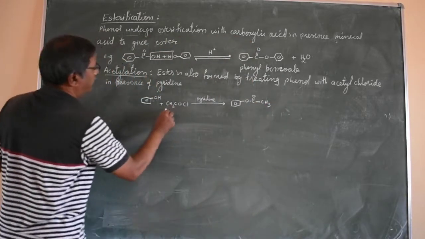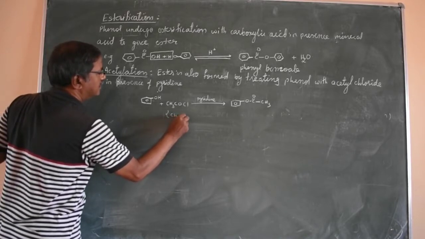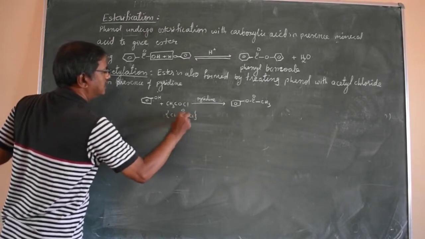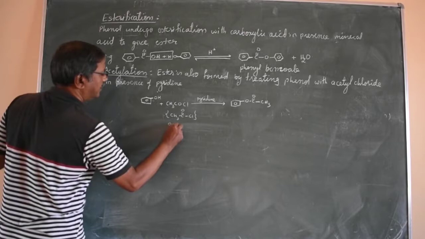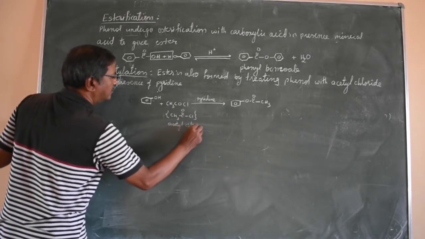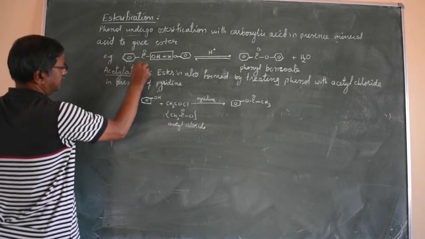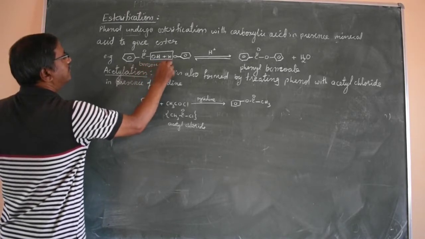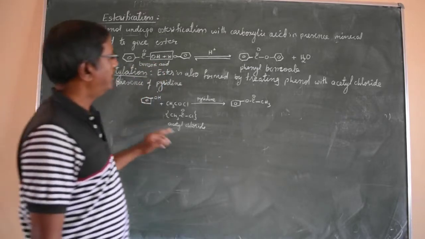So I am writing this formula as CH3C double bond OCl. This is the formula of acetyl chloride. This is phenol. Acetyl chloride, and the other product is HCl. Product is ester.